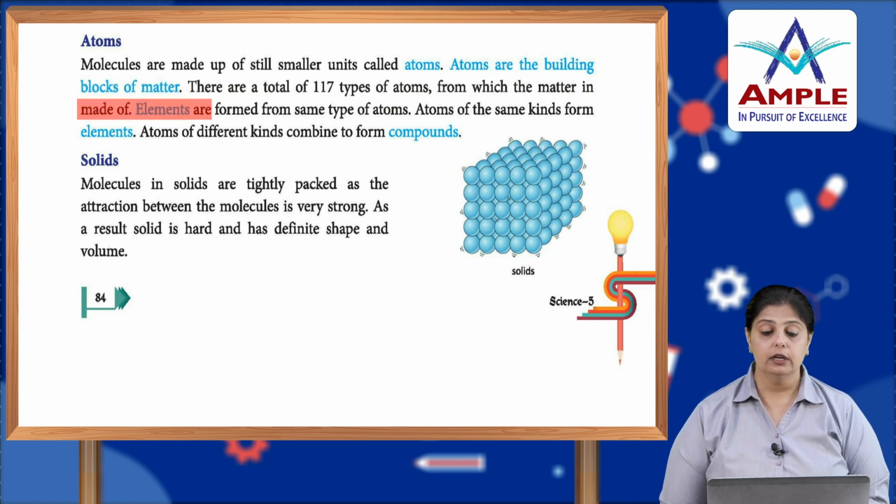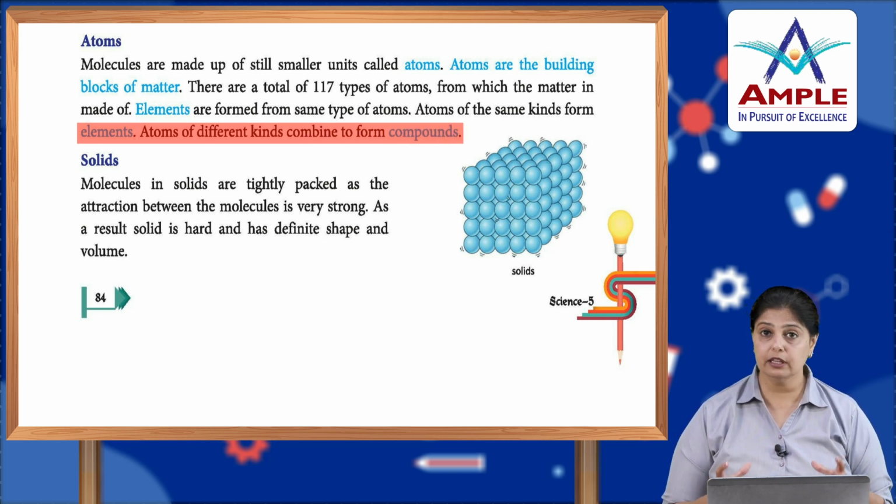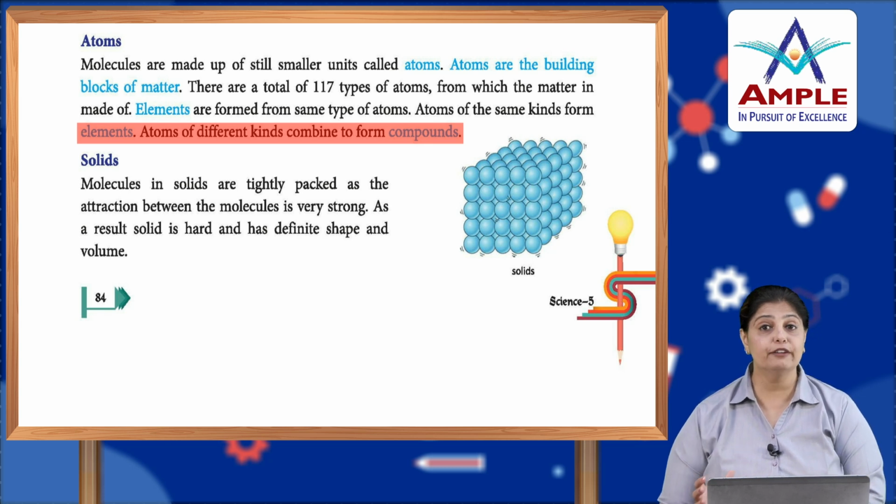Atoms of the same kind form elements. Atoms of different kinds form compounds. So, same kind of atoms form elements, and different kinds of atoms form compounds.